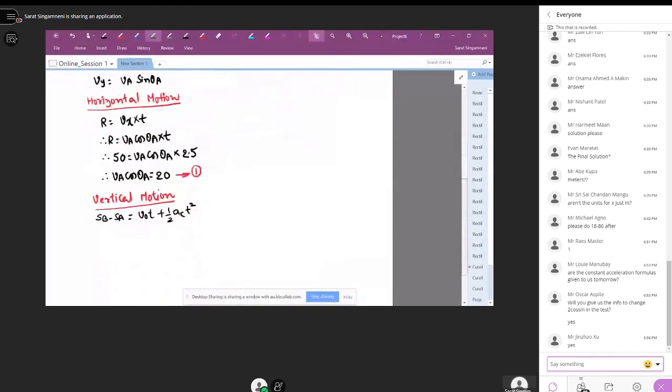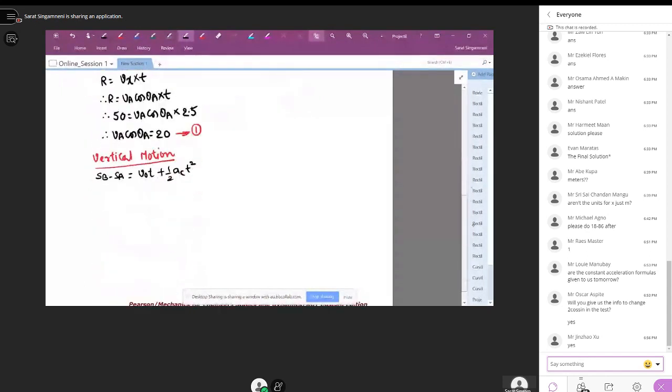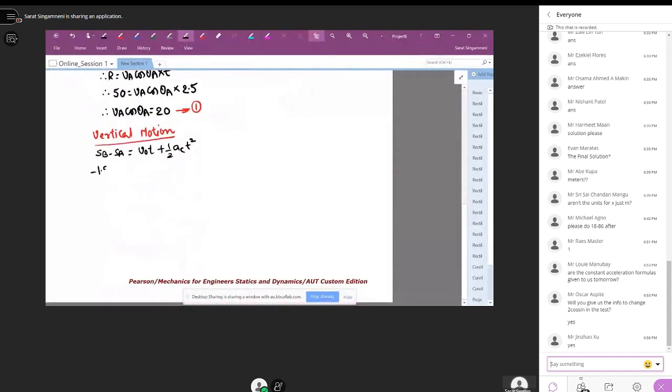So SA is 0, and SB is below the origin at 1.2. So minus 1.2 minus 0 is equal to V0, which is VA sine theta A, times the time t, which is 2.5, which is given, minus half times AC, which is 9.81. Always substitute negative g in these equations.